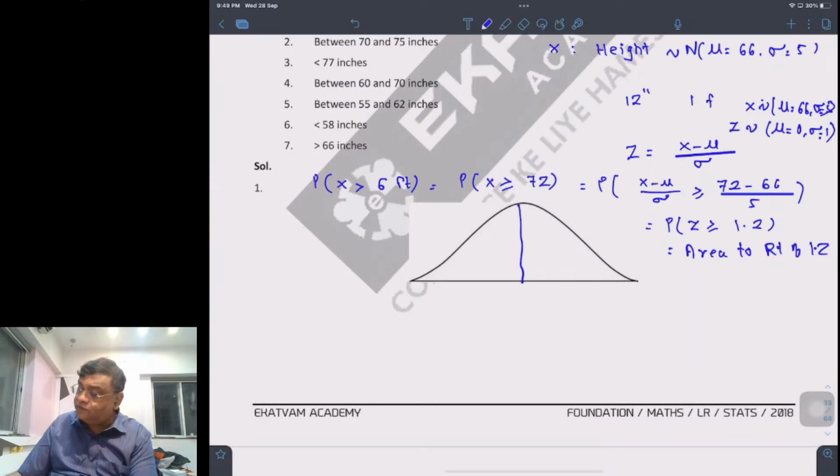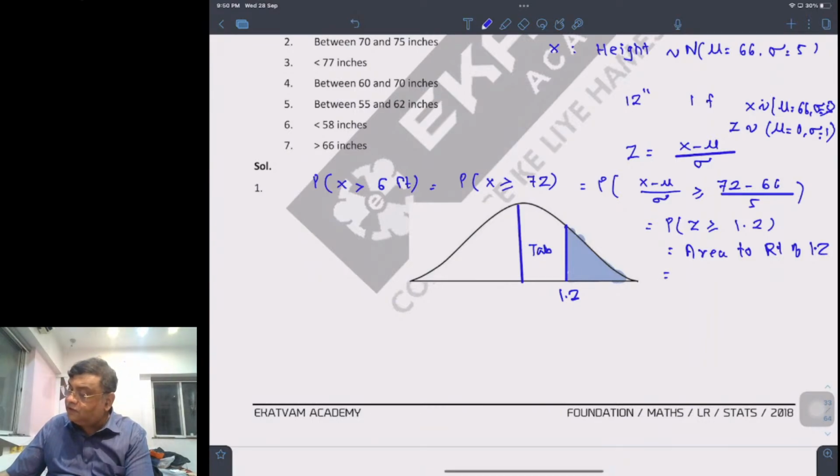Now 1.2 is here, and we need the area to the right of 1.2. But try to understand, the entire half part is 0.5 and this would be the table value. So mind well, this is going to be 0.5 minus the table value for 1.2.